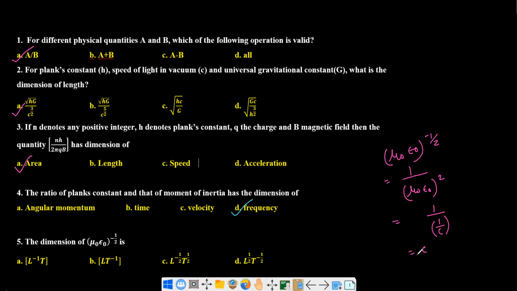The velocity is simply a measure of length per time, so simply meter per time. So the correct option is going to be length and time in here. So this is our correct option.